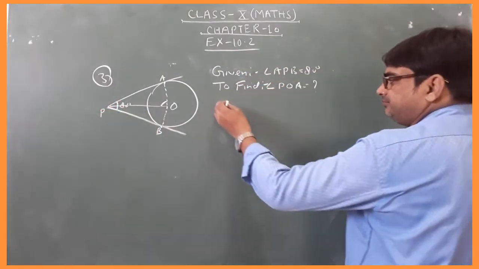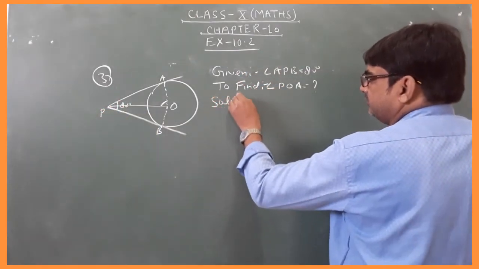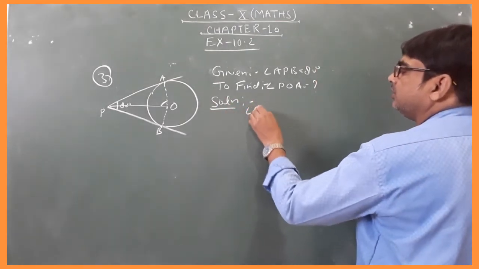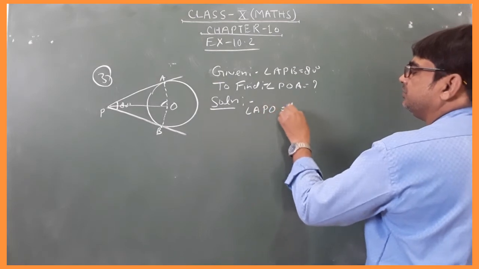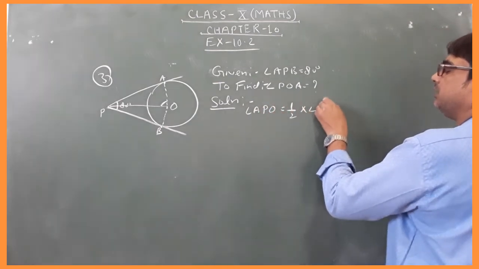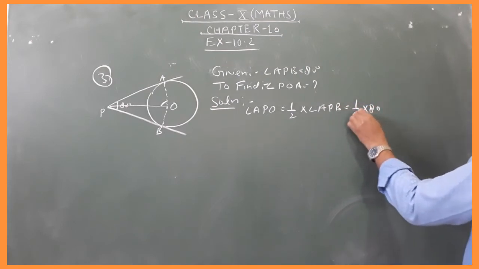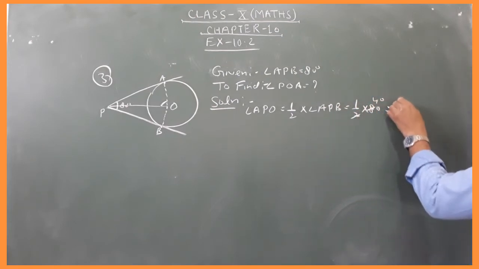Then what? Angle APO is equal to half into angle APB. So half into 80 is equal to 40 degree.